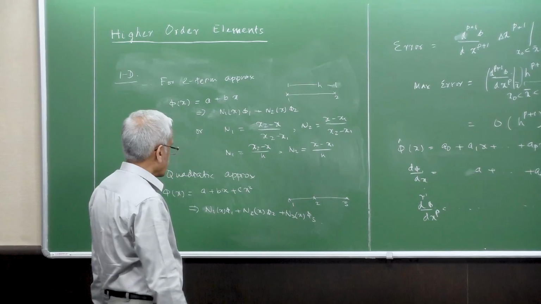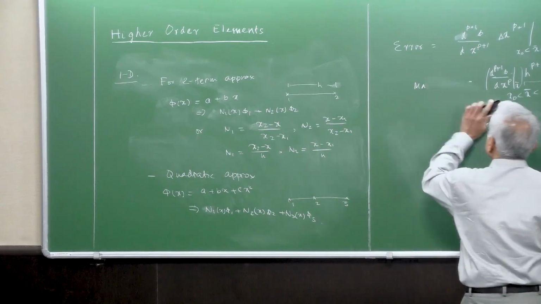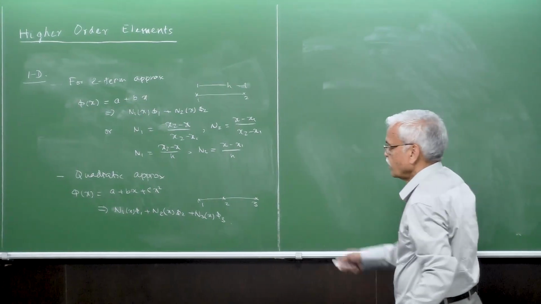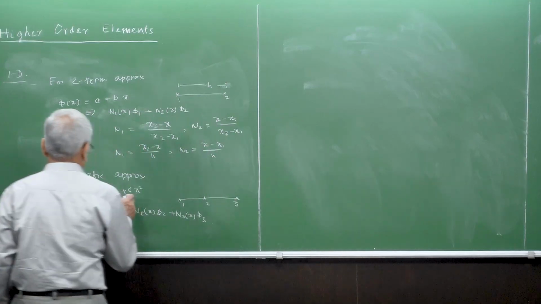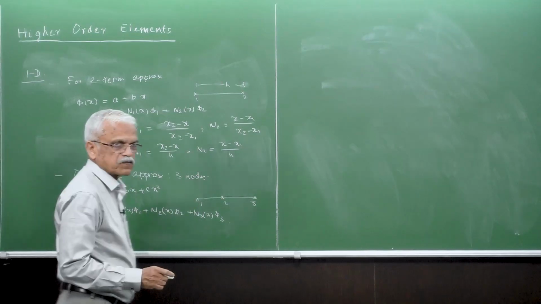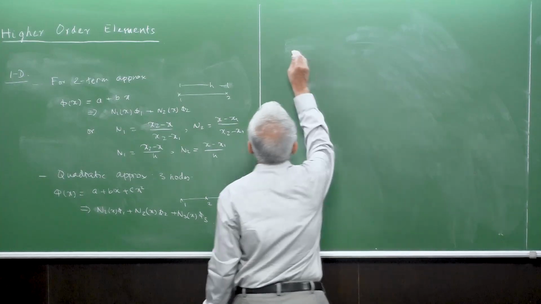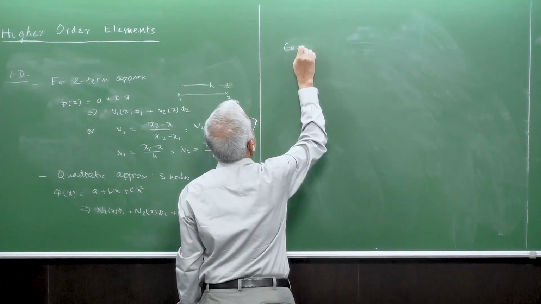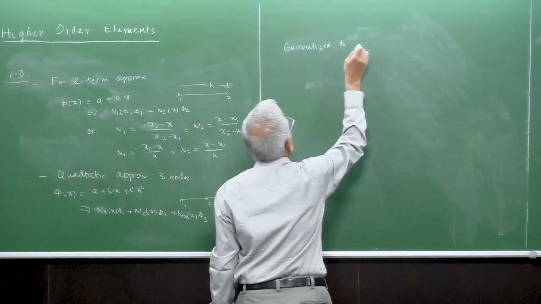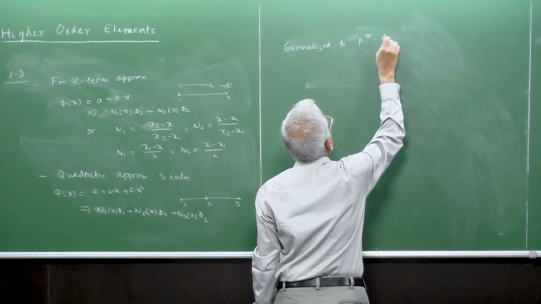So this is for quadratic approximation using three nodes. This can be generalized to a pth degree polynomial.